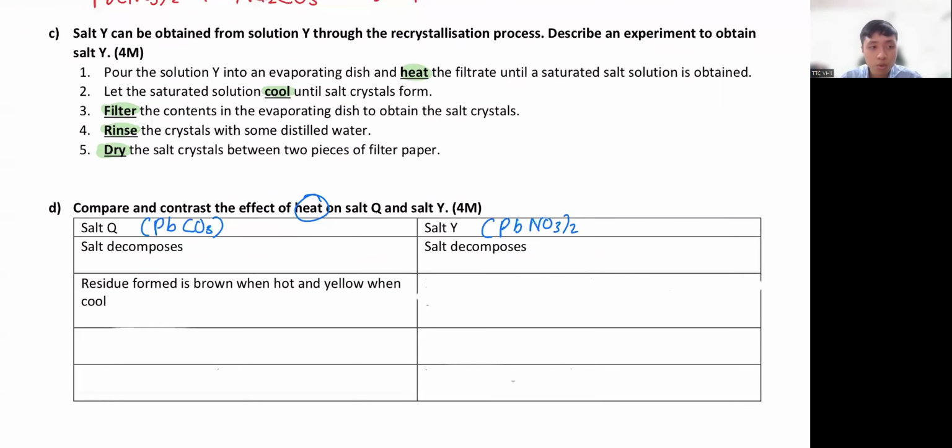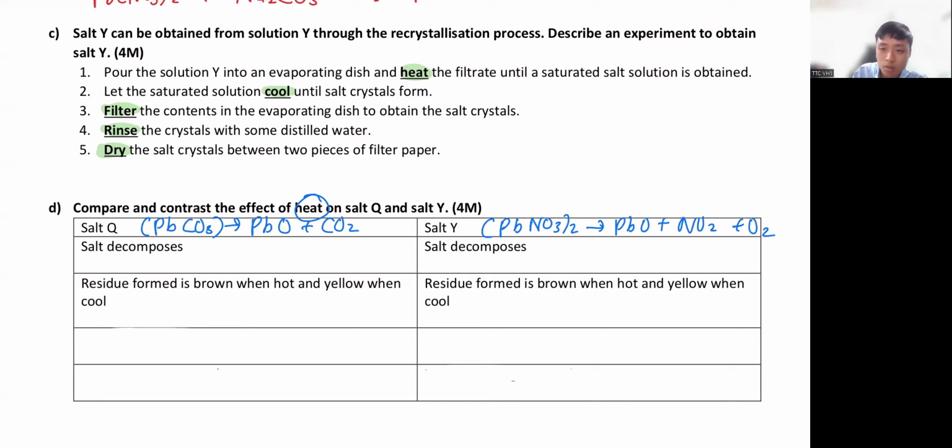One gives PbO and CO2, the other gives PbO, NO2 and O2. The residue is brown when hot, yellow when cold, because you got PbO. Same thing for both.